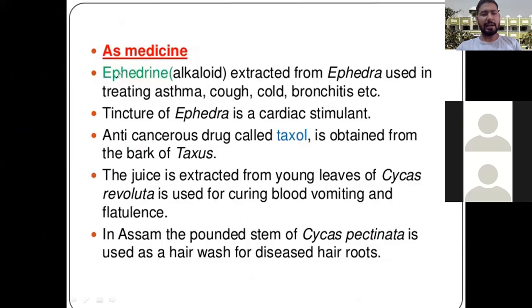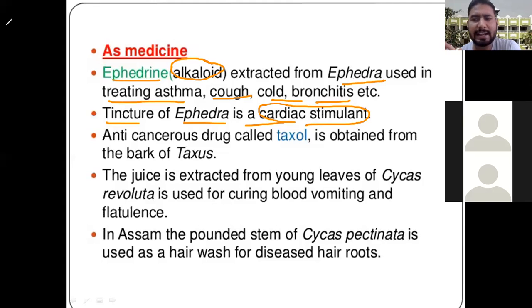In medicine, you can see Ephedra, that is ephedrine. It is an alkaloid extracted from Ephedra, used in treating asthma, cough, cold and bronchitis. Tincture of Ephedra is a cardiac stimulant. I have used this tincture when I was small. When playing outside, if some wound took place and bleeding started, my big brother, a homeopathic doctor, gave primary treatment with this tincture.